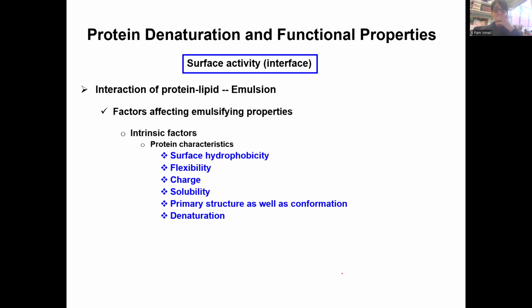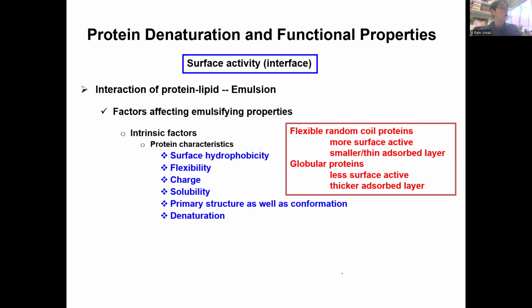The conformation of the protein, is it an open structure protein like casein, or is it a globular protein like whey that requires denaturation to unfold and be able to emulsify. Okay, so here's the theory that tells you open structure, flexible proteins like casein are very surface active.